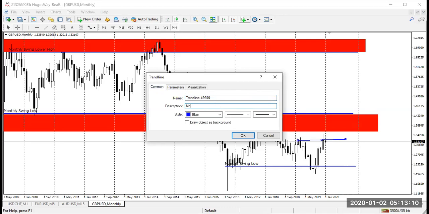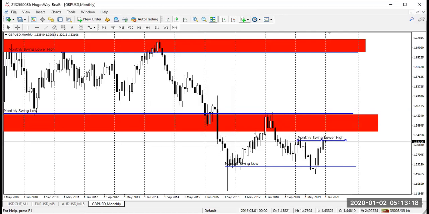This is a monthly swing lower high. All right. And now we can pretty much say we have analyzed everything we can up on the monthly chart for this particular currency pair. Now we'll bump out to the weekly.